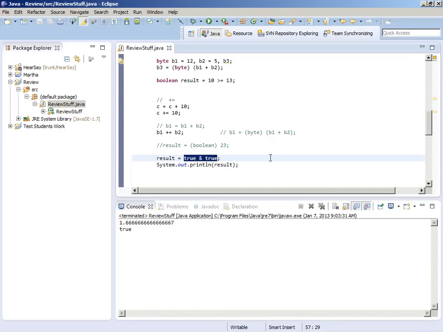Let's use something really simple. Let's put false and increment A is greater than 10.